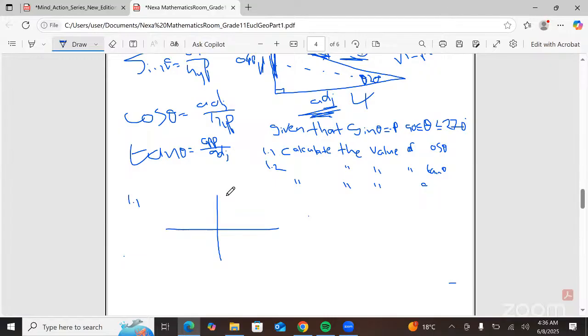Quadrant three, quadrant four. So you're saying sine is negative here and in quadrant three. Okay, fine. That's 100% correct.